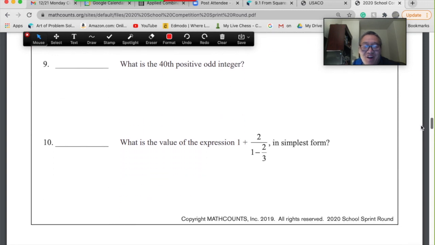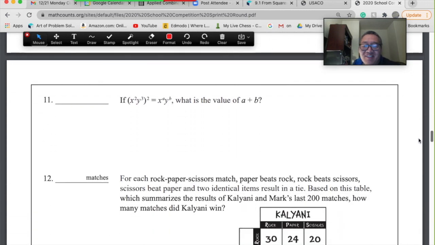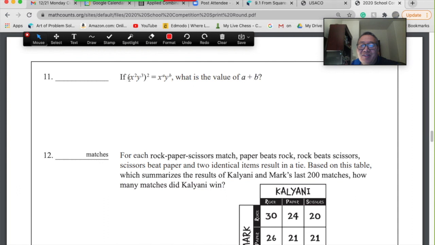This is a school round. It's very easy. So like this problem: if this one equals this, then they ask what is the value of a plus b. Can you solve this problem? This problem is actually very easy.